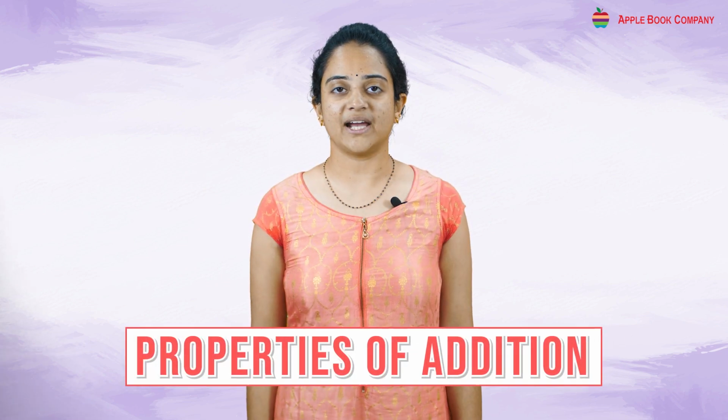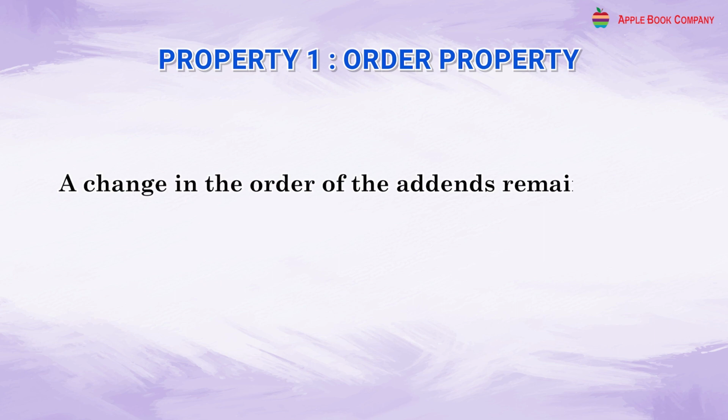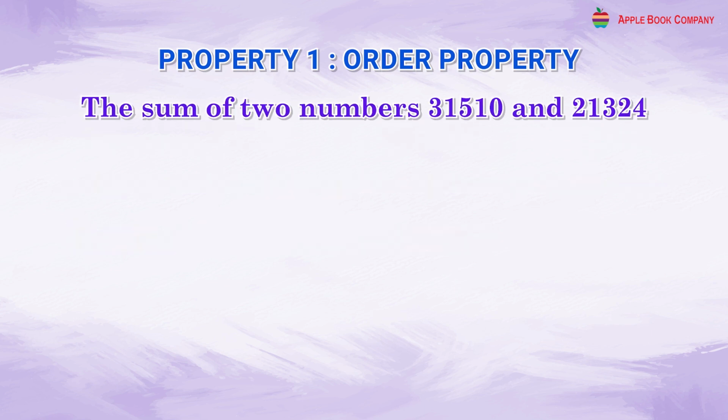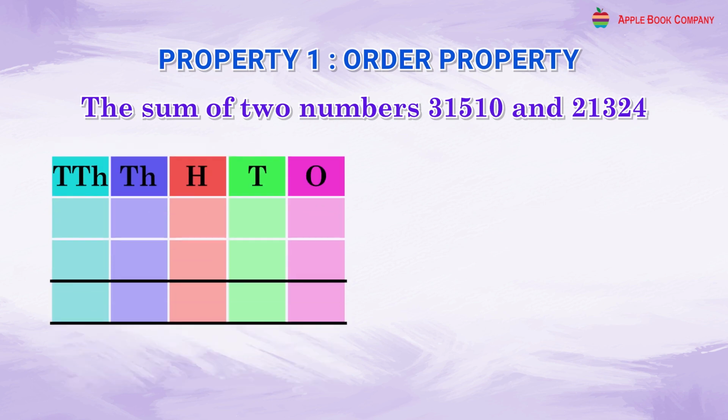Properties of addition. Property 1: Order property. A change in the order of addends does not change the sum of two or more numbers. Example: the sum of two numbers 31510 and 21324. On the left side, we are adding 31510 and 21324, which results in 52834.